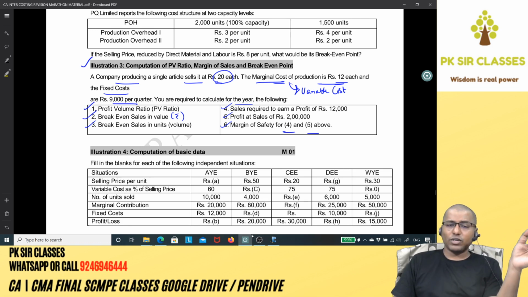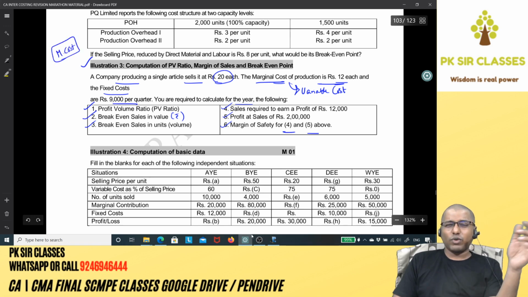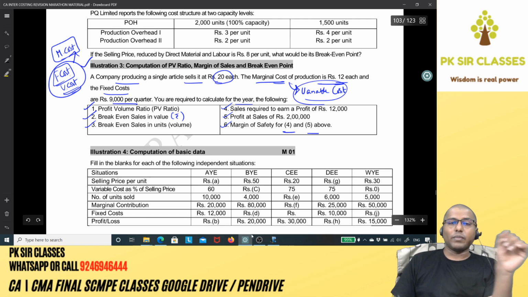I'll tell you what is marginal cost. Marginal cost means anything that changes. What do you mean by that? Sometimes fixed cost also will change, at particular levels, and variable cost anyway changes. When fixed cost is also changing and variable cost anyway changes, then both put together will be referred to as marginal cost, because marginal cost is anything that changes, whereas variable cost is only variable cost. Are you able to understand?